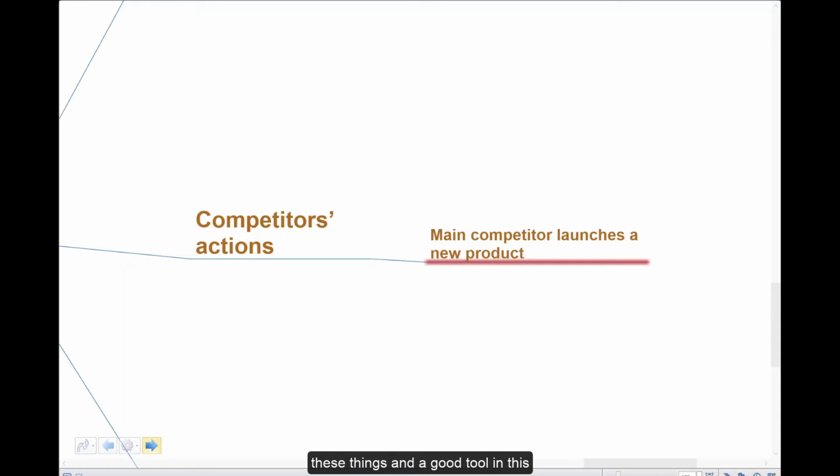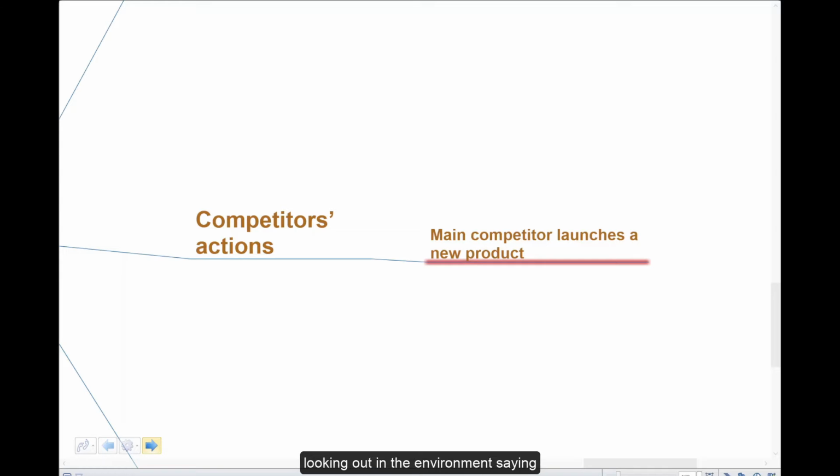And a good tool in this area, although it's not mentioned here, and one that you're probably familiar with, is PEST, P-E-S-T: political, economic, social, and technical. Now, PEST is known as an environmental scanning tool. Given the example on screen, PEST is going to help us assess competitors.